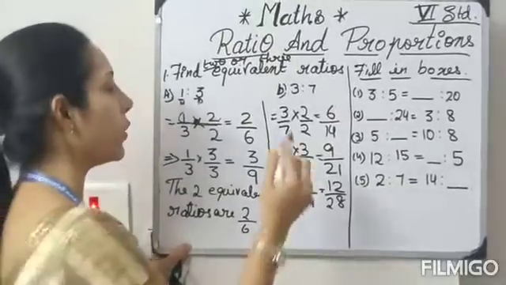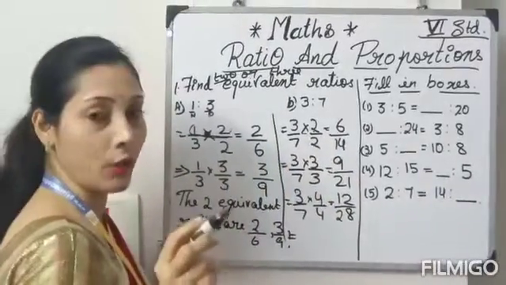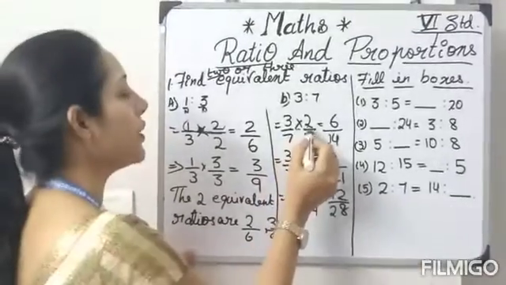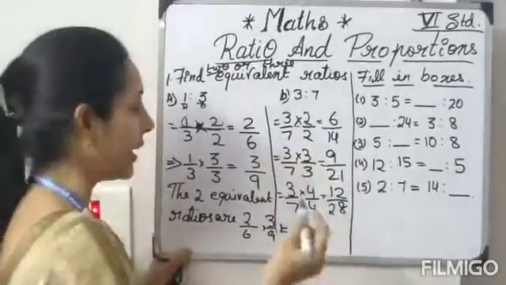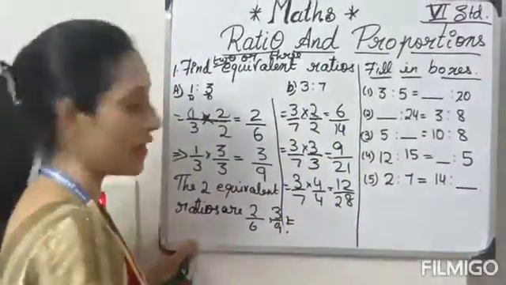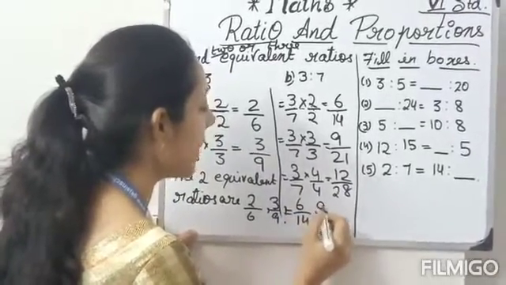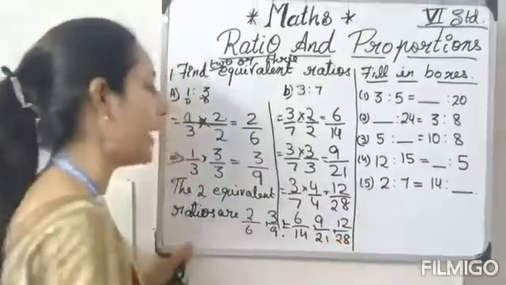Once again I am saying, the numerator you should multiply. 3 into 2, 6. 7 into 2, 14. 3 into 3, 9. 7 into 3, 21. 3 fours are 12. 7 fours are 28. Our answers are 6 by 14, 9 by 21, 12 by 28.